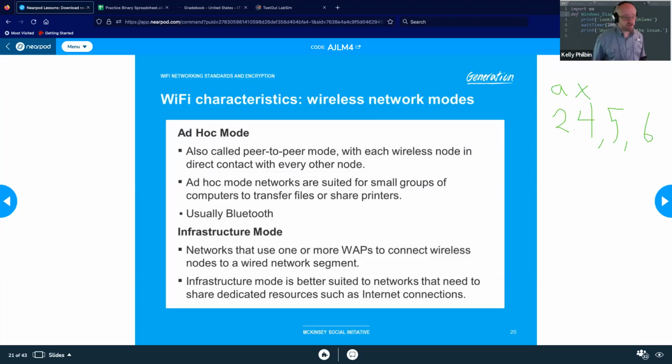So if you're signed into work, they'll be able to, through your connection, access all the stuff you have access to. So these are good for short bursts of communication or doing specific things, but once you are done with them, they need to be turned off because they are a major security risk. And that is ad hoc mode, which creates a small Wi-Fi peer-to-peer network between systems.